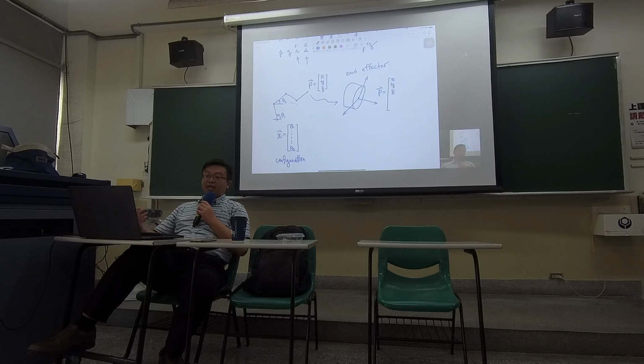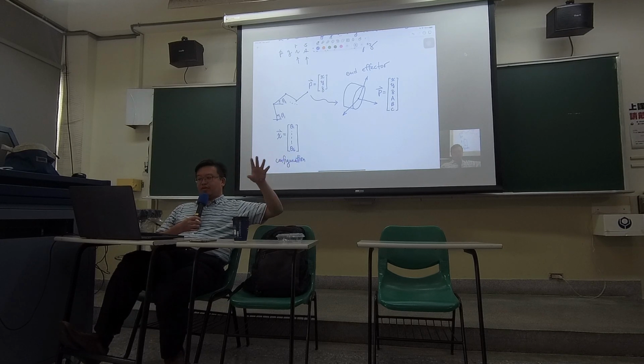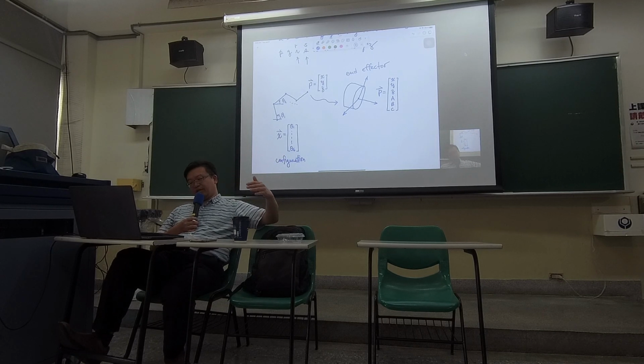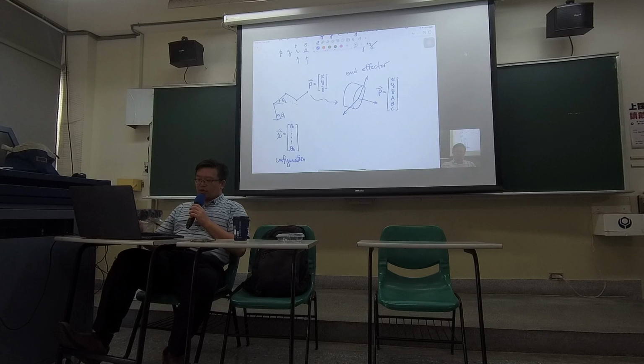In this case, let's say I'm going to use A, B, C to represent the angles, just for easier description. So it's like a certain angle along a certain axis, I call it A, and the second one I call B, and then it's like Euler angles.